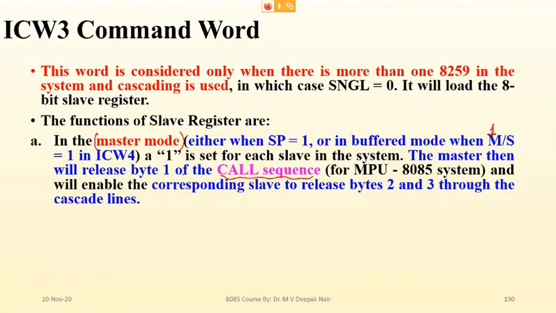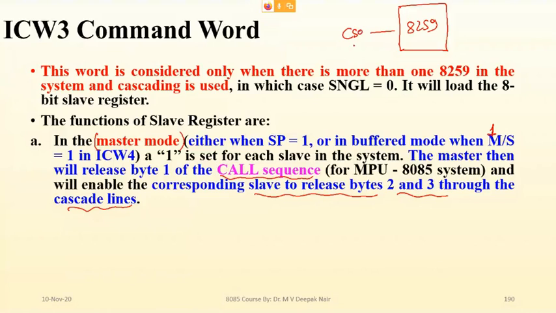So the first byte will be released by the master, which will be the call sequence for the 8085, and it will enable the slave to release the other 2 through cascade lines. If you remember, there were 3 cascade lines in 8259, which are generally CS0, CS1, CS2.